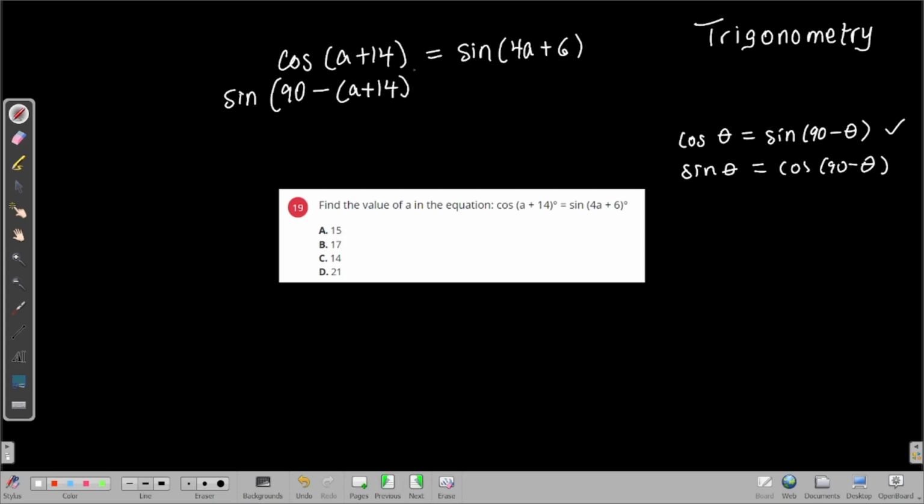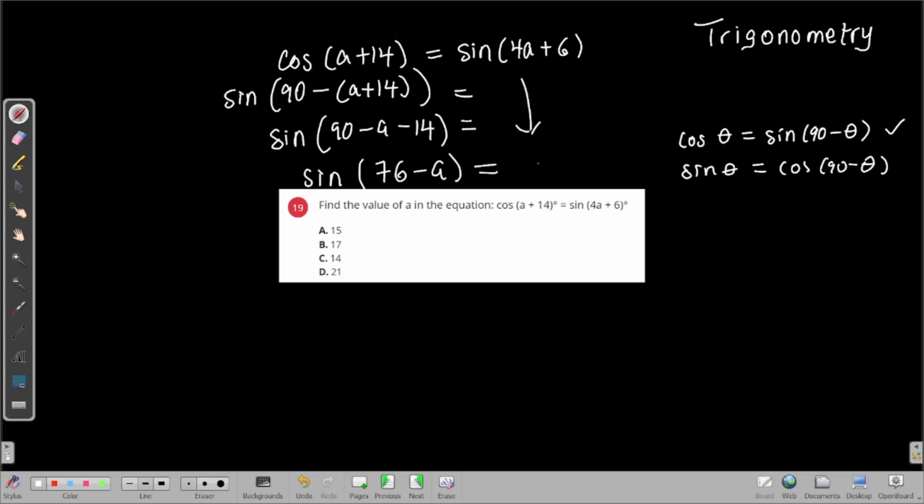That minus sign, you have to be very careful. That's sine 90 minus A minus 14, and that's sine 76 minus A. So what's sine 76 minus A? It is sine 4A plus 6.